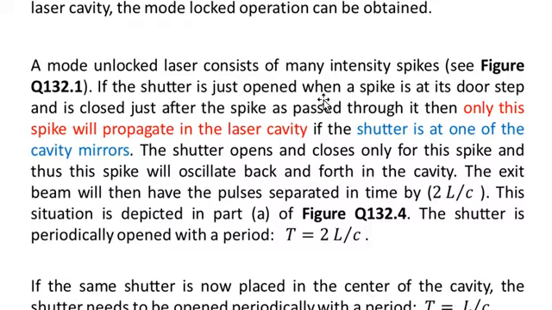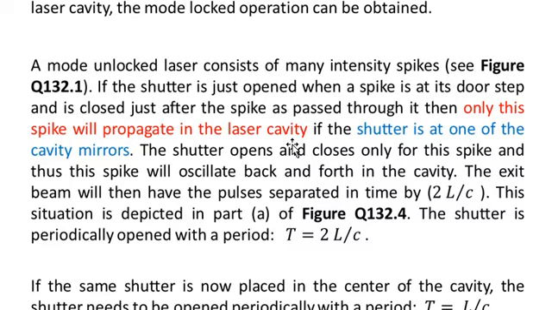If the shutter is just opened when a spike is at its doorstep and is closed just after the spike has passed through it, then only this spike will propagate in the laser cavity.